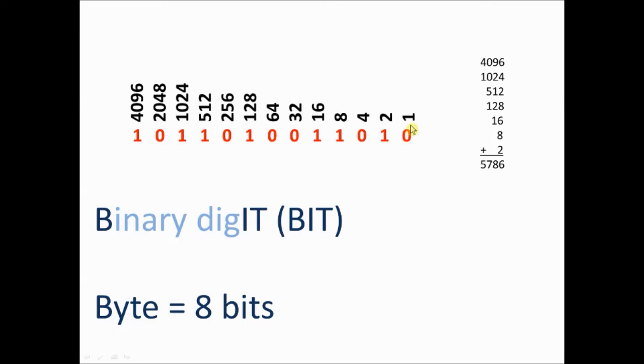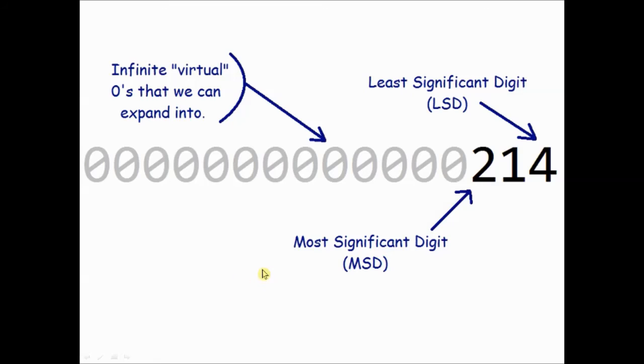And that, of course, is 0 or 1. Now, not very powerful in and of itself, but if you get a big group of them together, and as we said, you can get billions of transistors onto a chip nowadays, you can pretty much come up with any number that you want. Now, one downside of doing this all in a computer is that you don't get that infinite amount of virtual zeros to expand your number into.